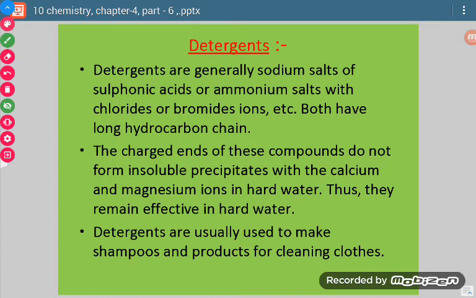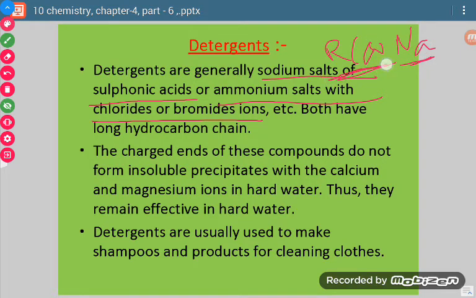Now what are detergents? Detergents are sodium salts of sulfonic acids or ammonium salts of chlorides and bromides. Previously our formula of soap was RCOONa. This was the sodium salt of a carboxylic acid.